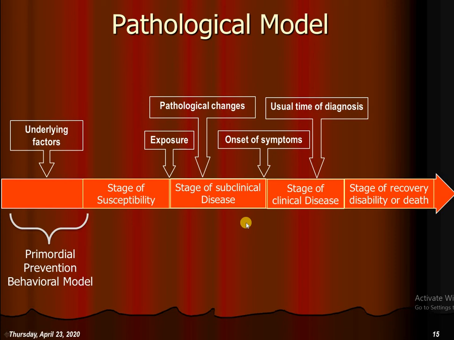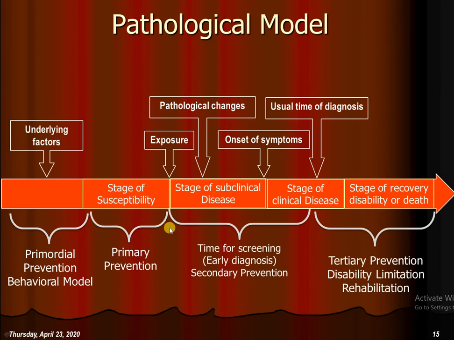So this is the pathological phase, and these are the underlying factors. Here we introduce the primordial prevention through the behavioral model, and this is the primary prevention in the stage of susceptibility, and this is the time for screening where we use the secondary prevention, and this is the tertiary prevention where disability limitation and rehabilitation are introduced.